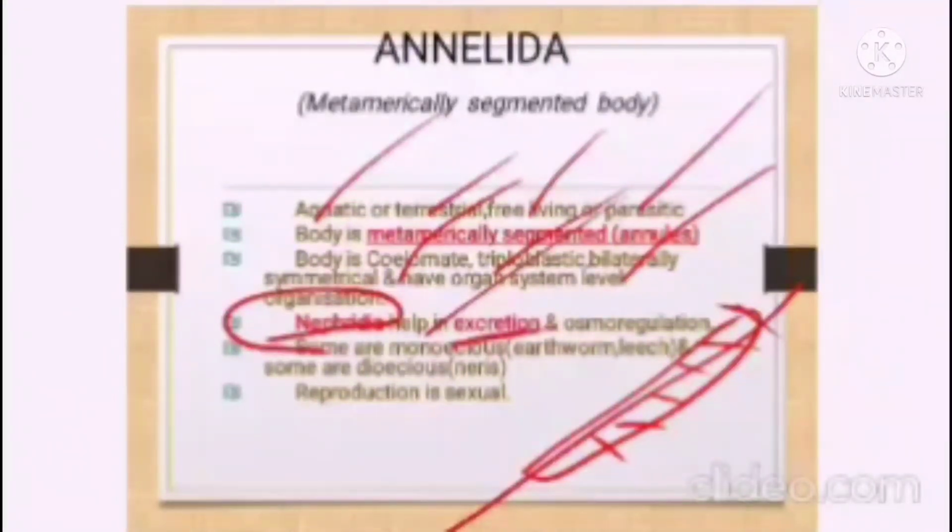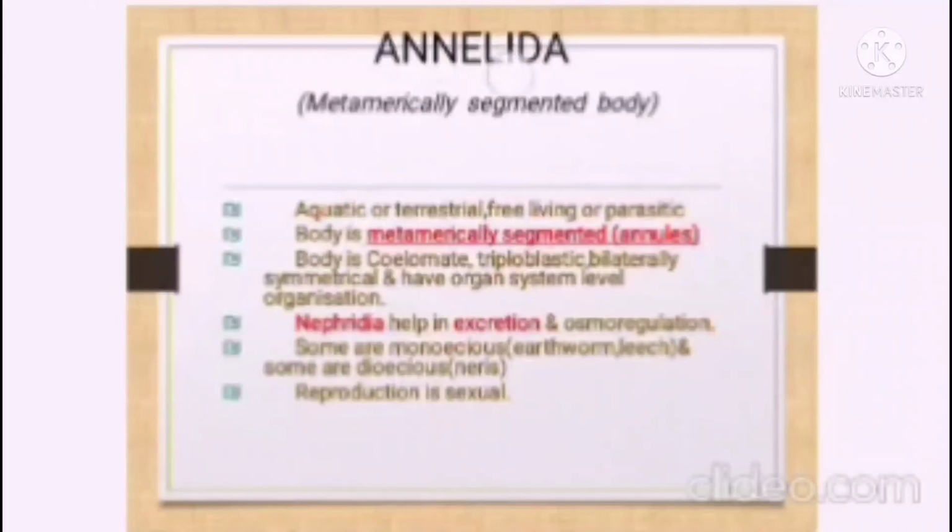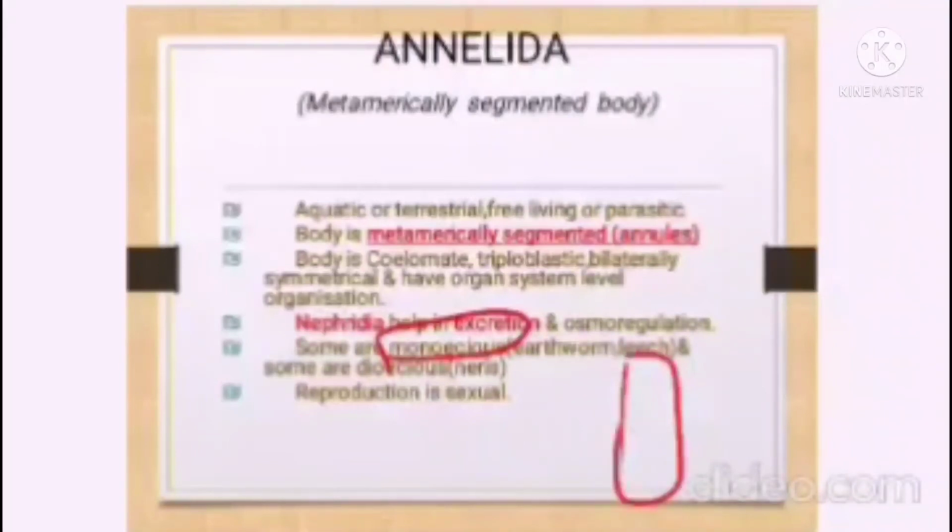Some are monoecious and some are dioecious. Now listen very carefully, new term, what is monoecious and what is dioecious? Monoecious means both the male and the female sex organ is present in the same organism. Both male as well as female is present in the same organism, then we call it as monoecious.